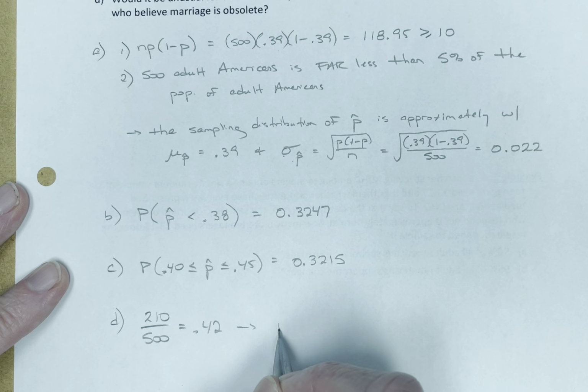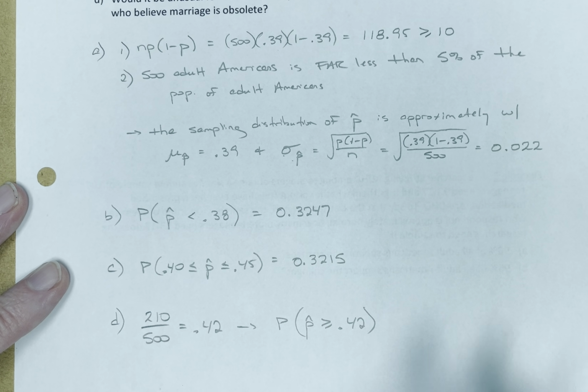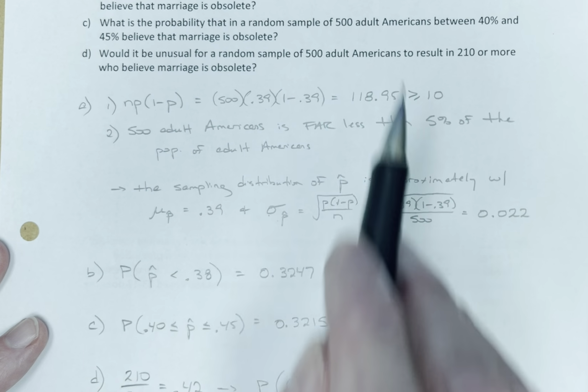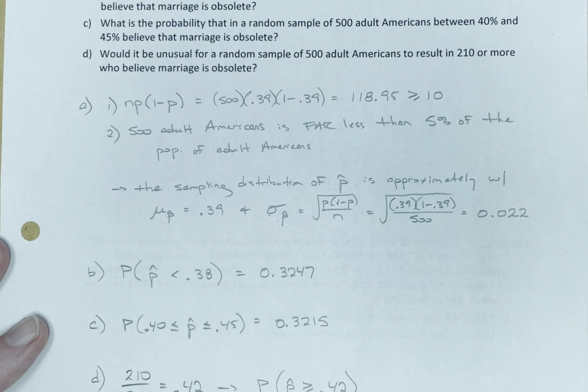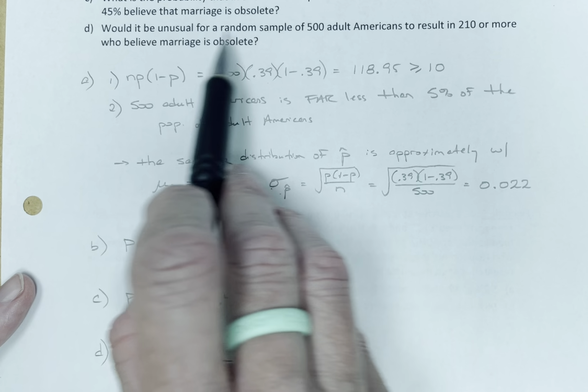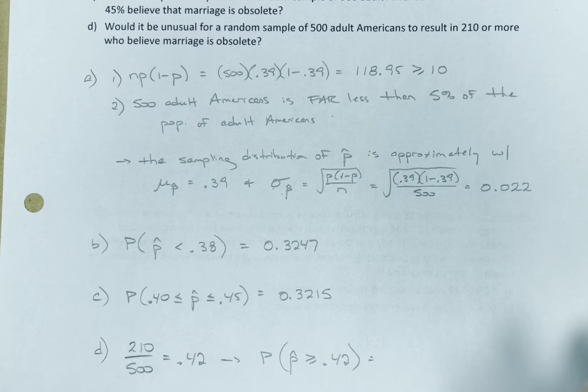So the question is asking for the probability that p hat is greater than or equal to 0.42. What is that probability, and would it be unusual? So let's find it.